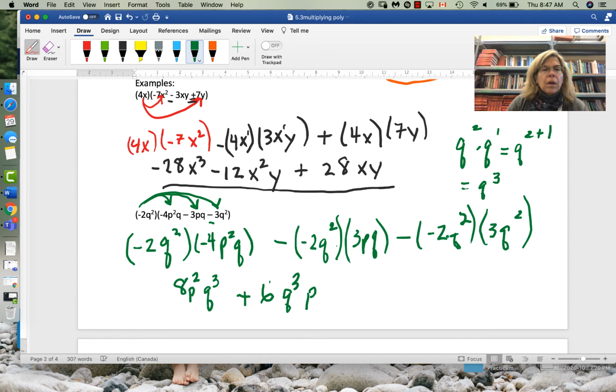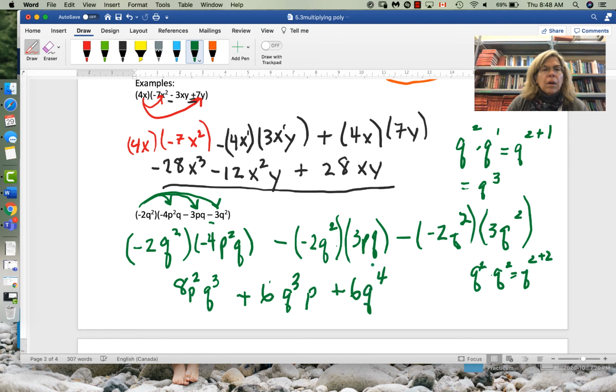And finally, over here, 2 times 3 is 6, but it's negative and a negative, so that's plus 6 again. And q squared times q squared, well, you add the exponents, q to the 2 plus 2, which equals q to the fourth.